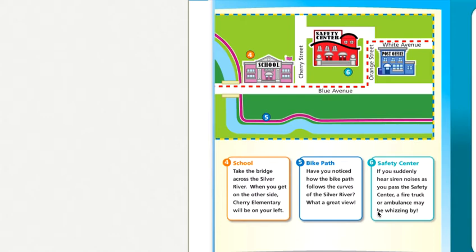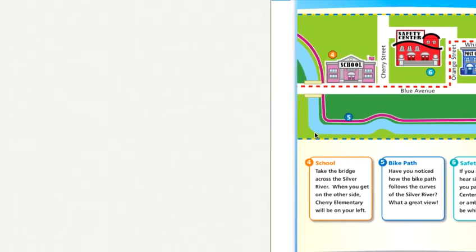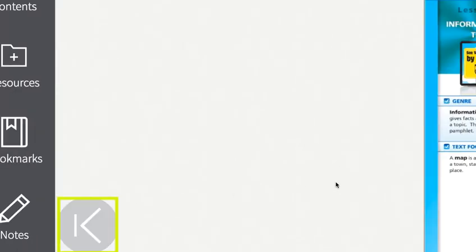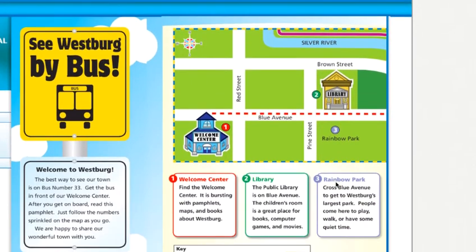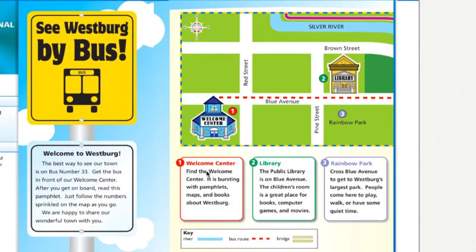Did you make a connection to any place on this map? Or any activity on this map? Maybe you've ridden along a bike path before, or a bike path near a river. Maybe you also made a connection to the Safety Center. What about a welcome center?